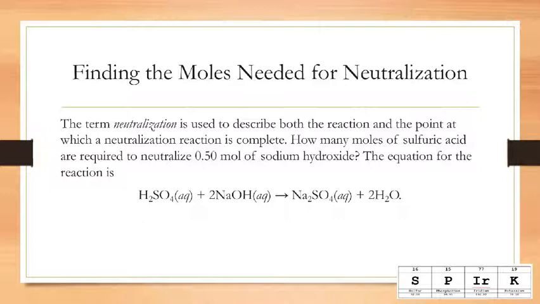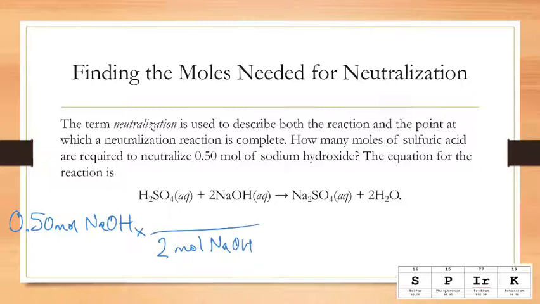So this is just like our typical stoichiometric problem that we've seen in the past. We just start with what we know. And what do we know? We know that we have 0.50 moles of sodium hydroxide. And they're asking us to figure out how many moles of sulfuric acid are required to neutralize that amount. So we just use our mole-to-mole ratio. 2 moles of NaOH is equal to 1 mole of H2SO4.